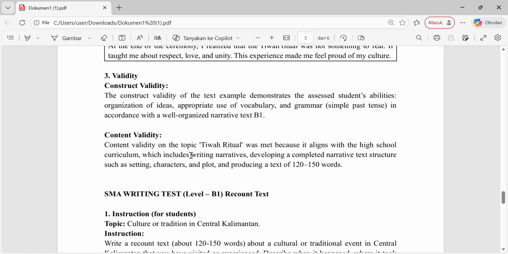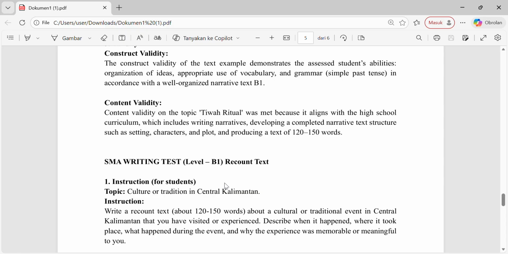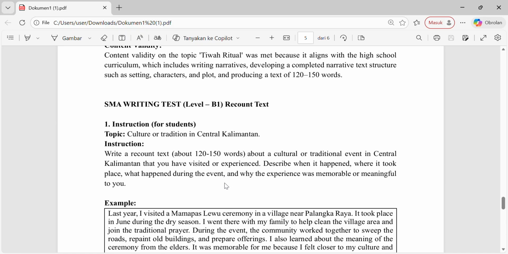Okay, the next slide is about a recount text, level B1 in senior high school, with the topic culture or tradition in Central Kalimantan. In the instructions, the students are asked to write a recount text based on a cultural traditional event in Central Kalimantan. The text should be around 120 to 150 words, and they must include details about the time, place, the activities during the event, and explain why the experience was meaningful to them.